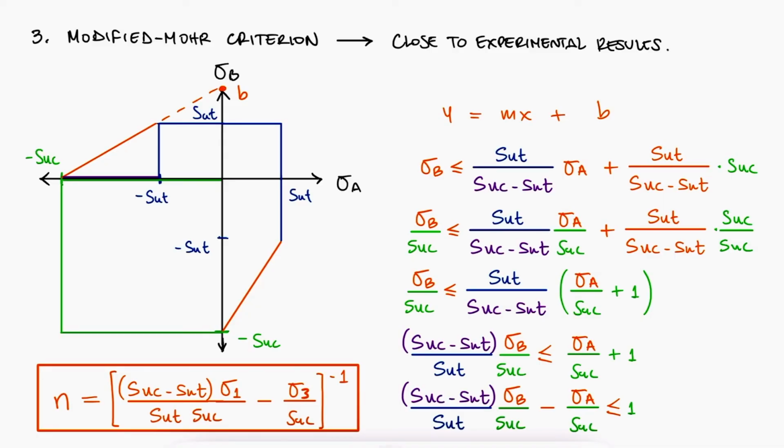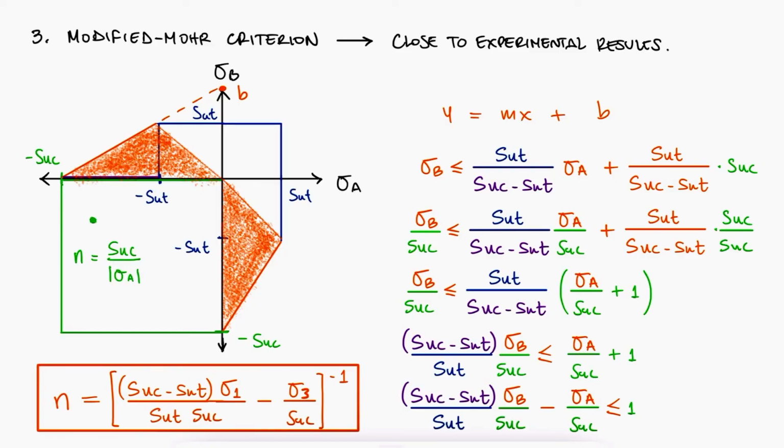As opposed to the previous expression of the Coulomb-Mohr criterion, this expression doesn't work for all areas of the stress envelope. We usually only use this expression if our in-plane principal stresses lie within the shaded area. For example, if both in-plane principal stresses are negative, we keep comparing the ultimate compressive strength to the highest negative stress.